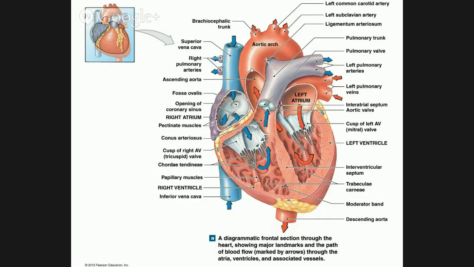Arteries are vessels that carry blood away from the heart, whether it's the aorta carrying it away to the body or the pulmonary arteries carrying it away to the lungs. You can remember artery and away both start with A. And that mnemonic helps you remember it. And so veins carry blood towards the heart.